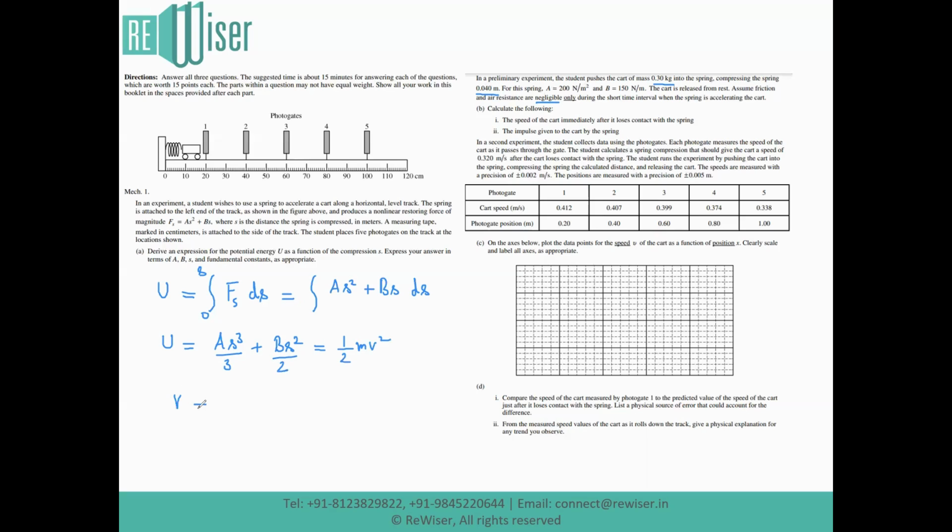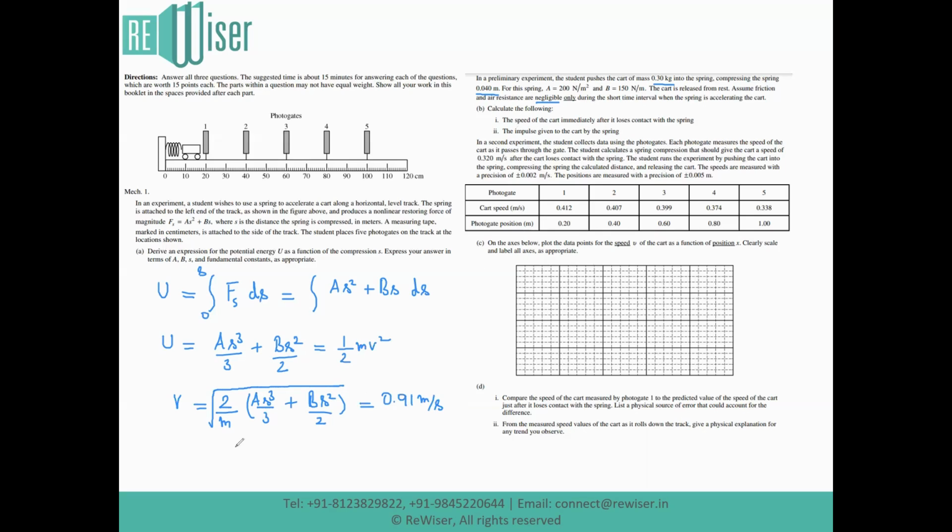Rewriting the equation in terms of v, we get v equal to the square root of 2 times (a s cubed by 3 plus b s squared by 2) divided by m. Simplifying, we get the value of v to be approximately 0.91 meter per second.